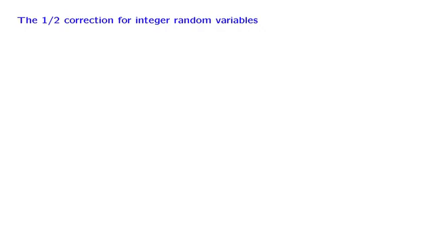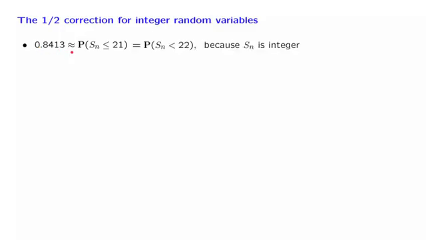It turns out that we can get a better approximation, and let us see how this can be done. Recall that we approximated this probability using the central limit theorem and found this numerical value. But we make an observation that this probability is equal to this probability here. Why is that? Sn is an integer random variable.